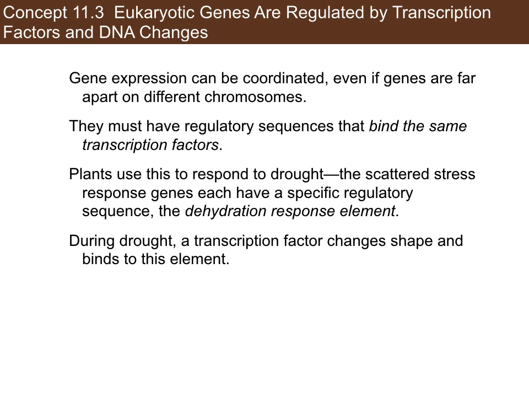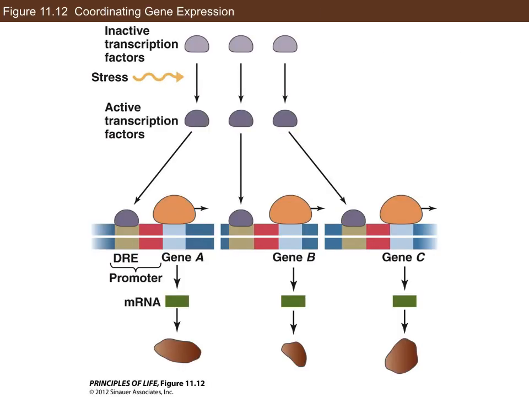One example of this would be in plants. A lot of plants have a whole series of reactions that they have to undergo in response to drought. All those different genes respond to the same transcription factor that is activated at the end of a cell signaling process in response to drought conditions.